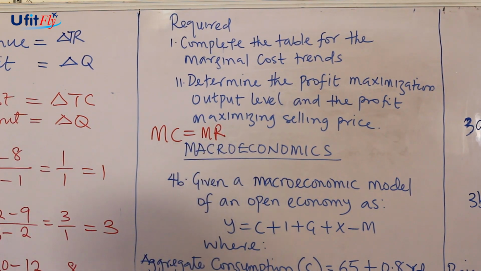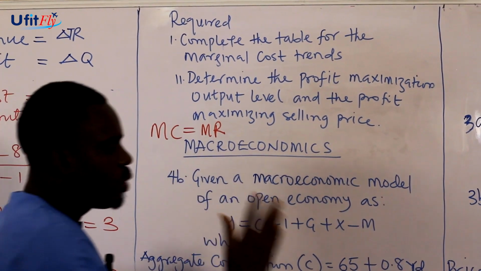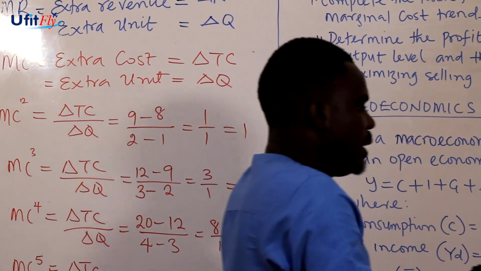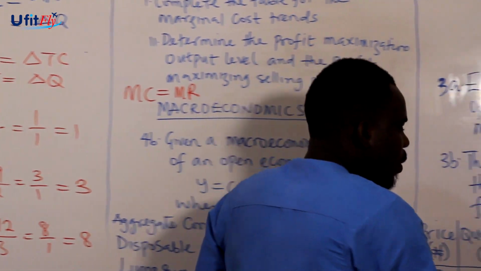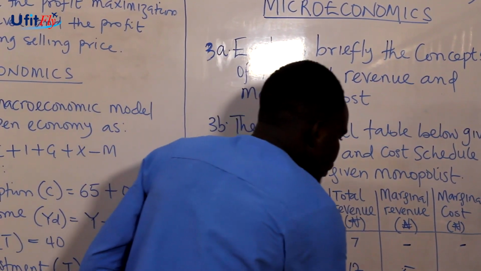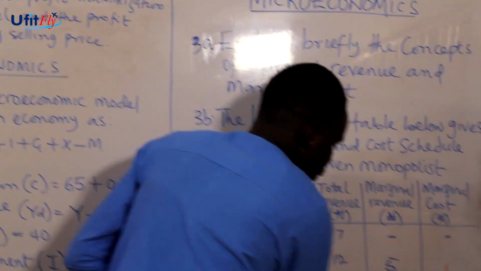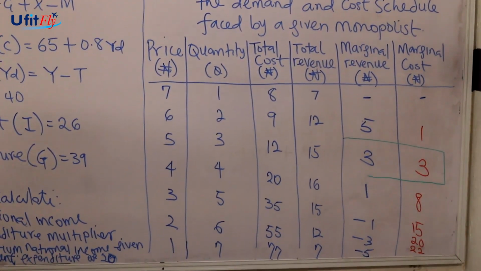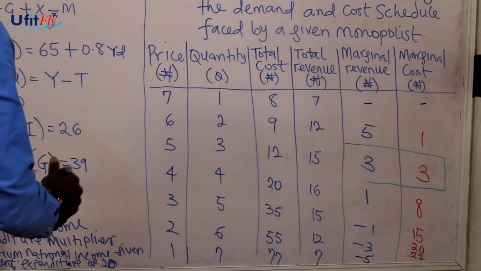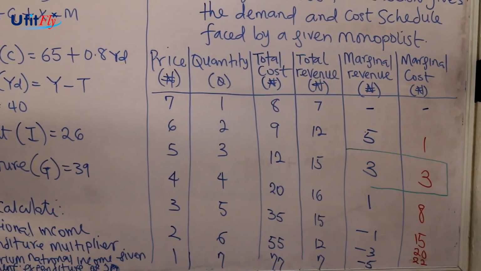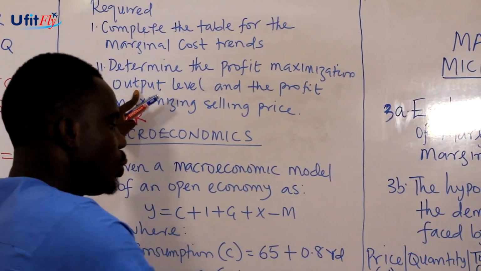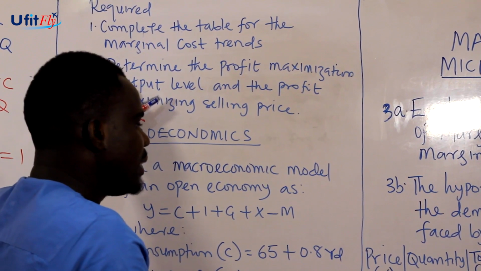From the illustration, it is clear that marginal cost equates marginal revenue at this point. And the question is to determine the profit maximizing output. So we have to determine the output at which marginal cost equates marginal revenue.